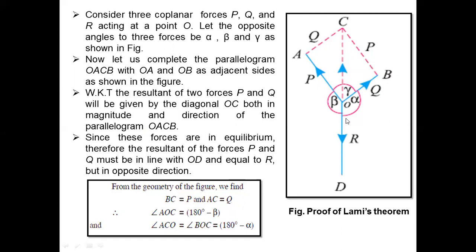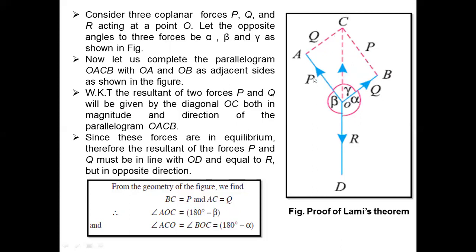So here OR represents the equilibrium force, OC represents the resultant, P and Q represent the two forces, and OACB represents a parallelogram. Right?